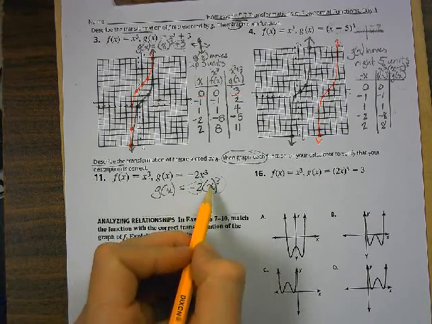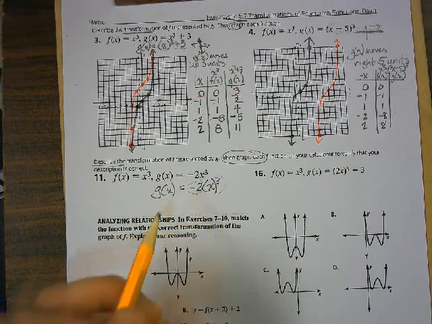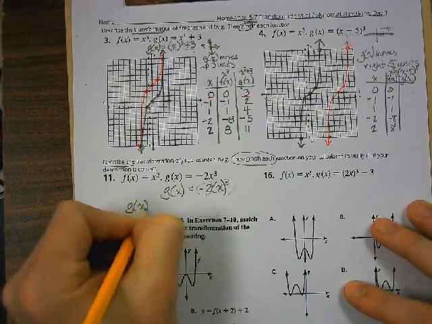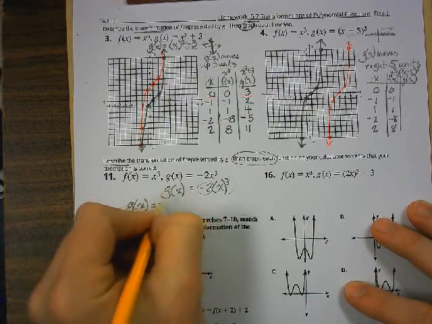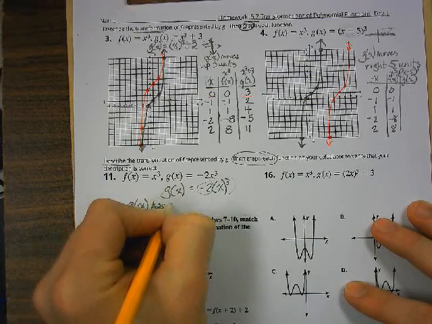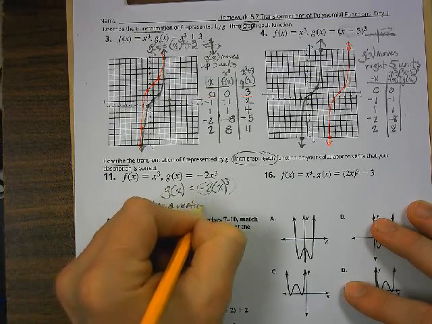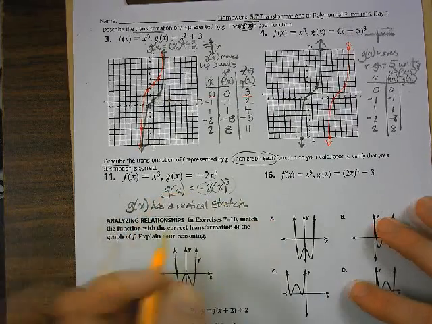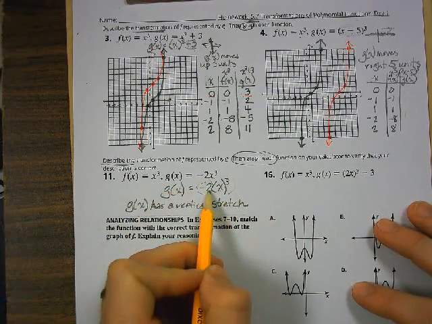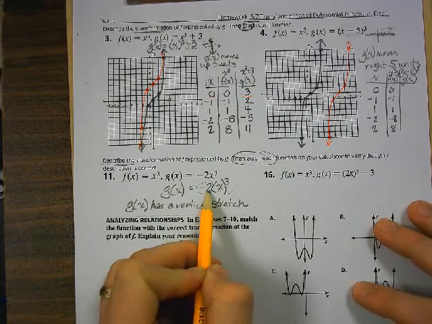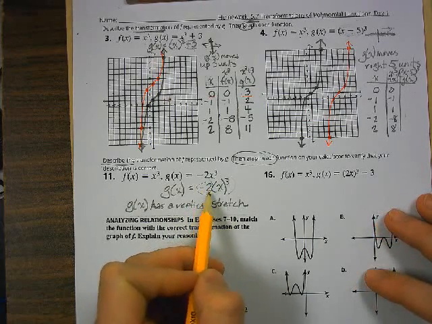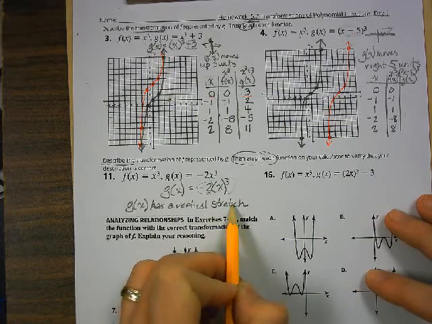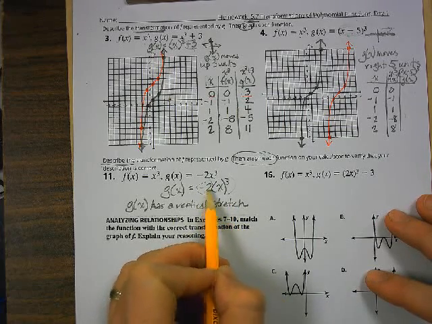So that means that g of x has a vertical stretch, and it'll be a stretch because this number is bigger than 1. If this number was a fraction, this would not be a vertical stretch, it would be a vertical shrink. But because this number here is bigger than 1, this 2, then we're going to say it's a vertical stretch.